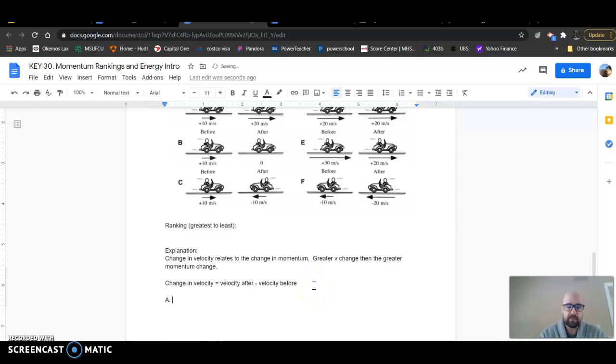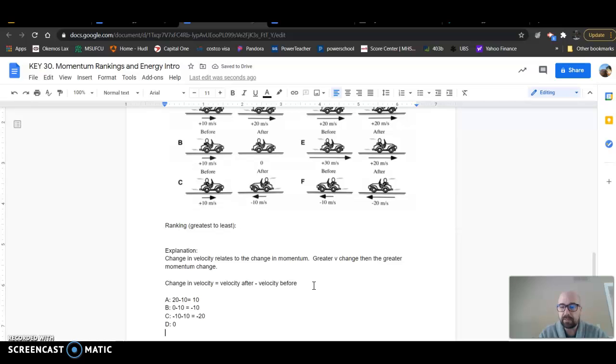So for A, it's going to be 20 minus 10, which equals 10. For B, it's going to be 0 minus 10. So that is equal to a negative 10. For C, it's going to be negative 10 minus positive 10, which equals negative 20. D is going to be positive 20 minus a positive 20, so 0.